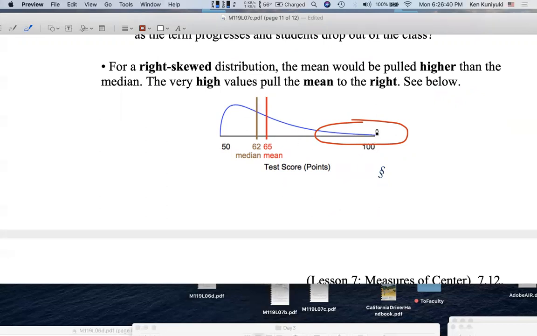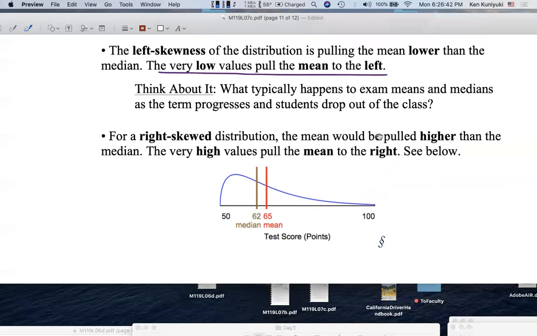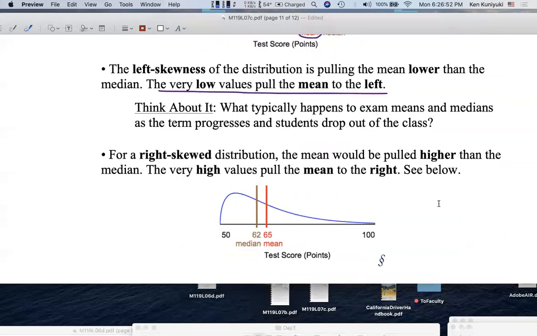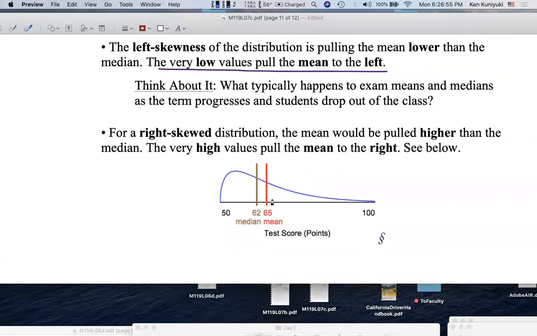Although in practice, that doesn't happen so often. More often I see this happening, where students over in the left tail drop out, and the mean and the median both rise and get closer together. So again, skewness tends to pull the mean away from the median towards the tail, but if the tail starts to drop off, then the mean and the median tend to converge.